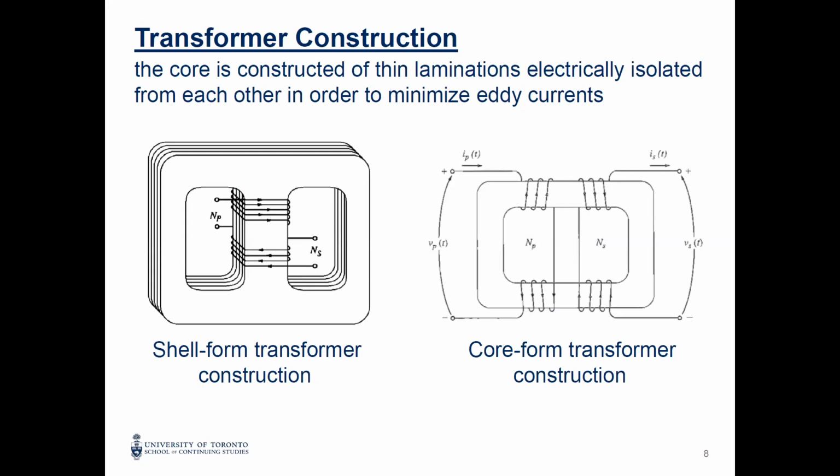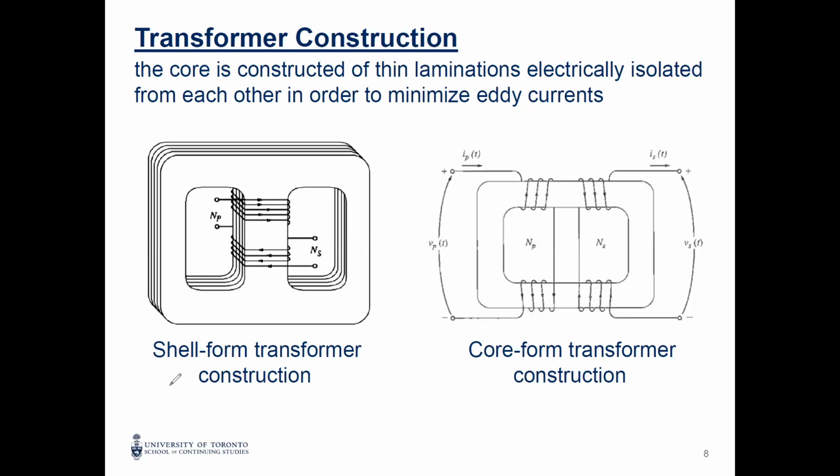So for the construction, we have two main constructions for the transformers. Usually they don't ask for this in the exam, but I put them for a reason. Practically, you will see that most of the practical transformers are in the shell form.